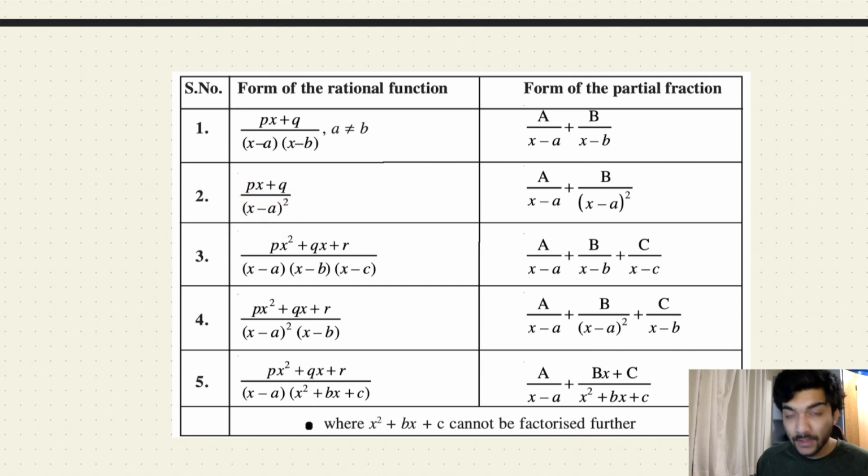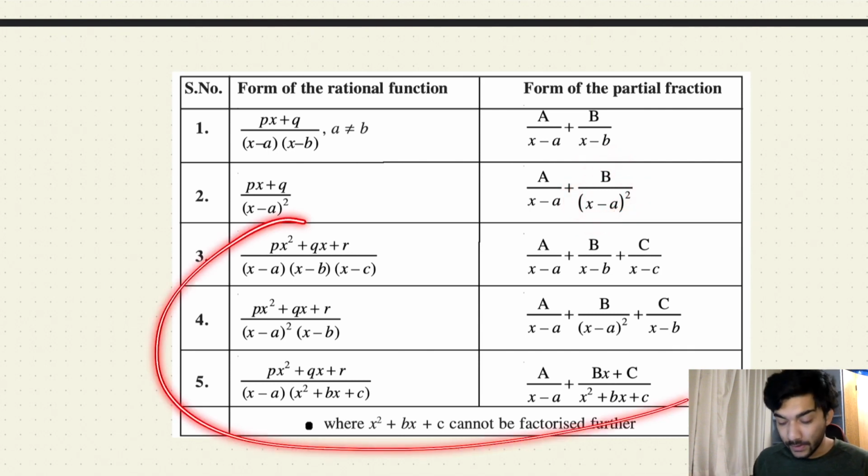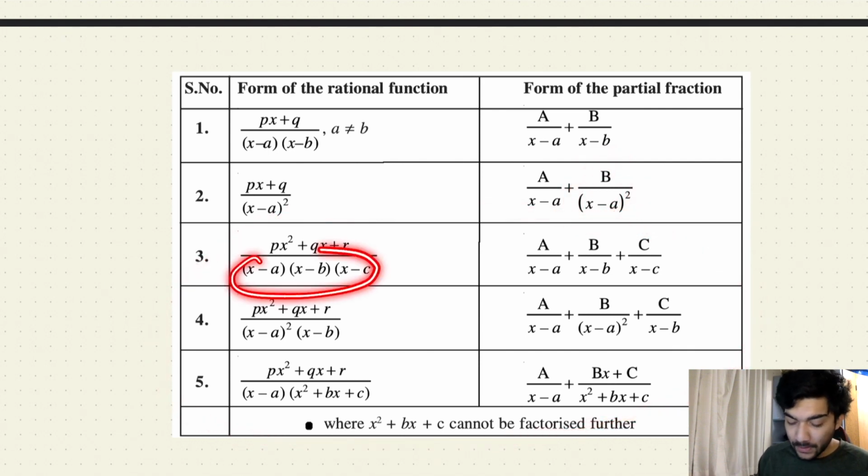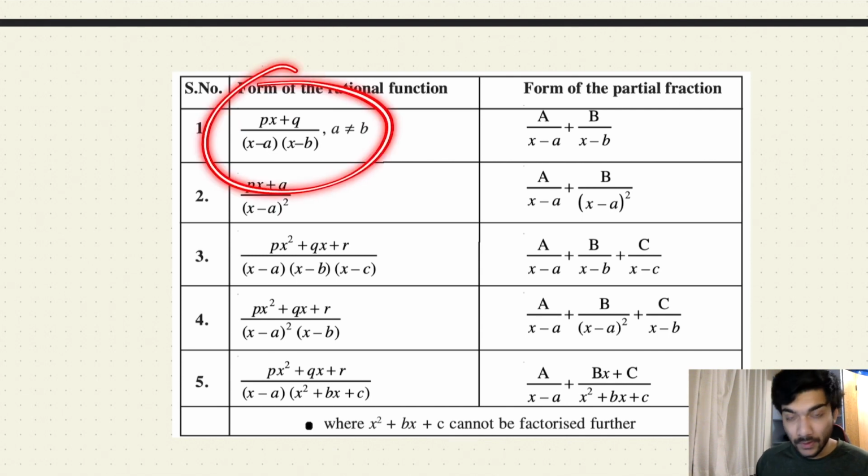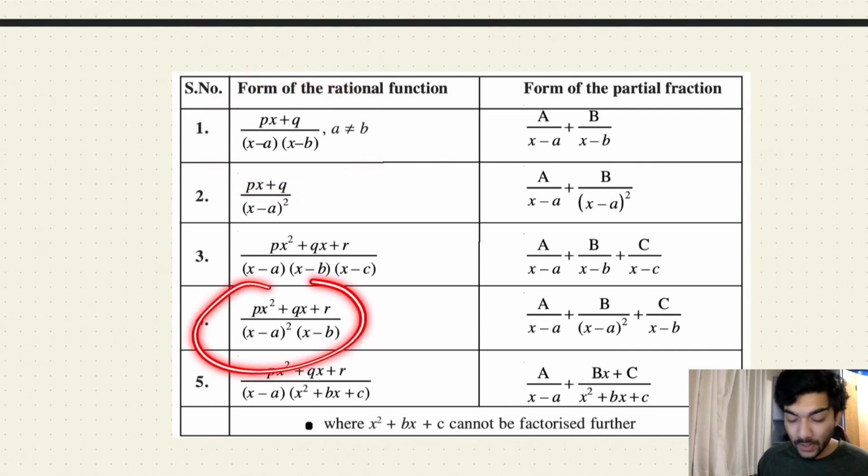If you have an (x minus a) whole square term, you have a squared factored term. So what you'll do is take the term first and put that in the denominator such that you have an A upon x minus a term, and then you'll take the square of your factored term and do the same thing with another constant. And then you have multiple cases over here. You can see that you have x minus a, x minus b, x minus c, which can be easily broken down into three parts, the same property that we used in the first rational function case.